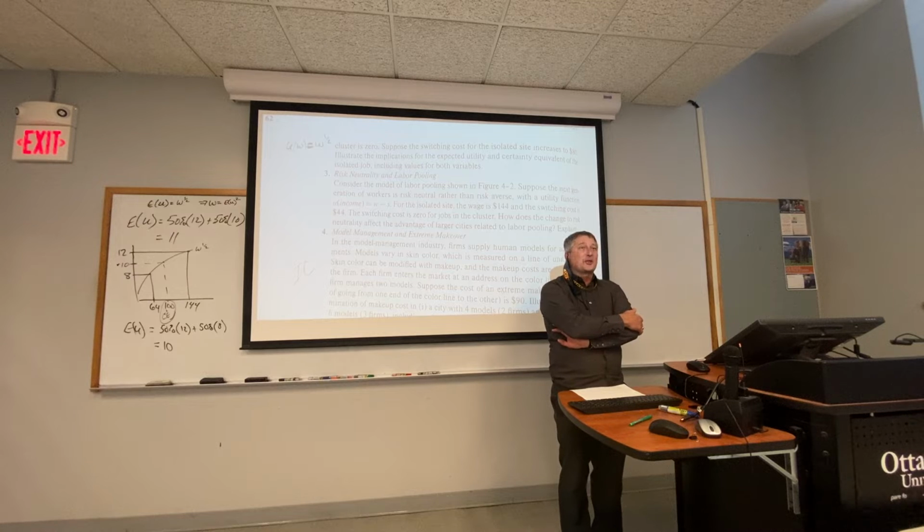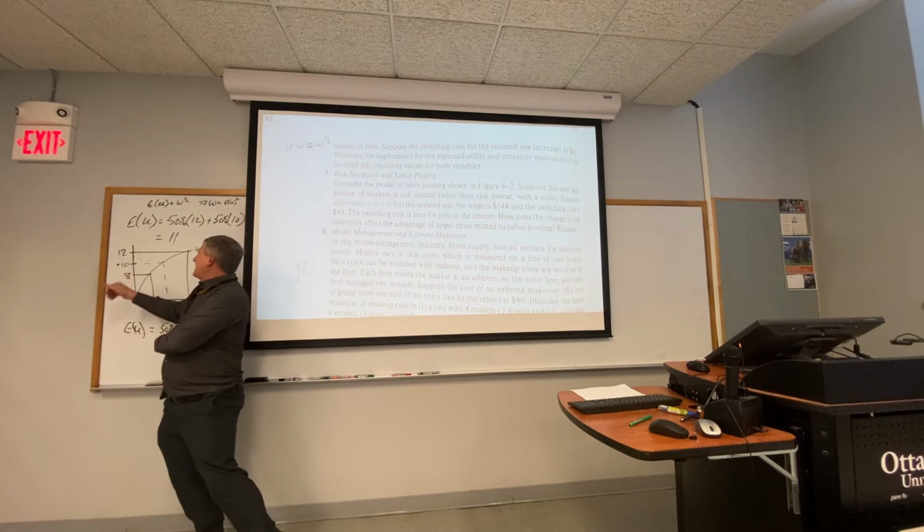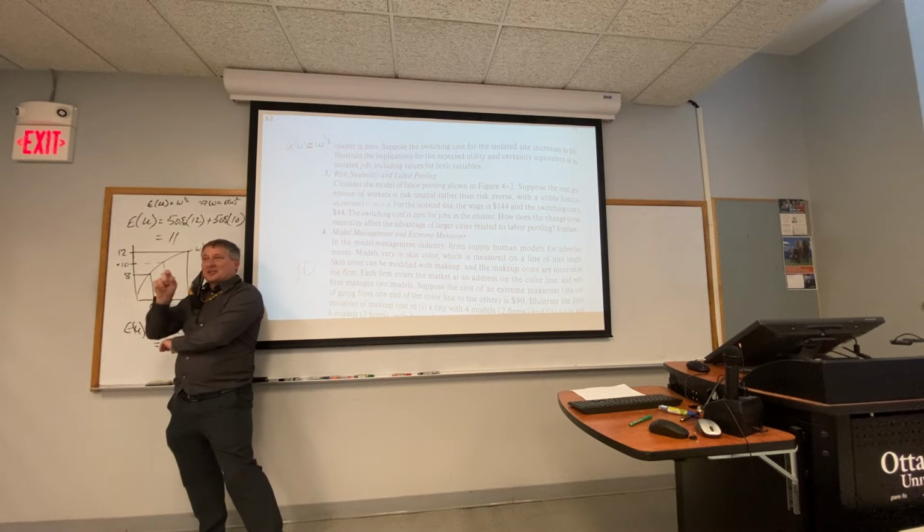So that's where the insurance market comes into play. Insurance companies are risk neutral. They'll take that gamble, right? The expected utility. I might get 8, I might get 12. I don't know what I'm going to get, but on average, I'm going to get a payoff of 10. Whereas people would rather have the certain payoff in general.